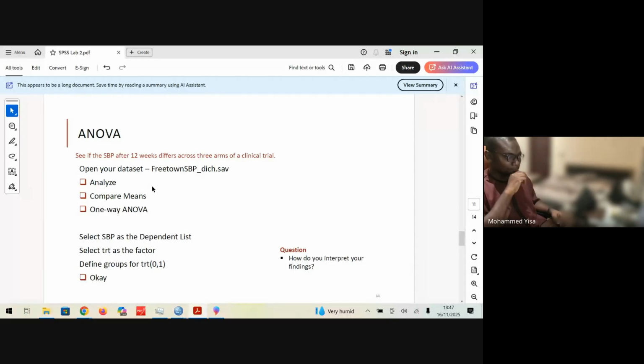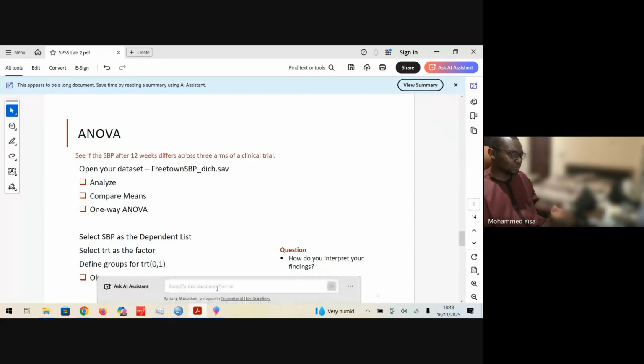So we are going to use the same data set, Freetown SBP DICH. So I'm just going to open that data set. So we are going to do an ANOVA to basically... sorry, this keeps happening. We need to edit this.